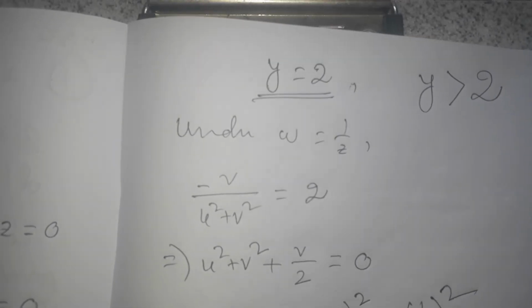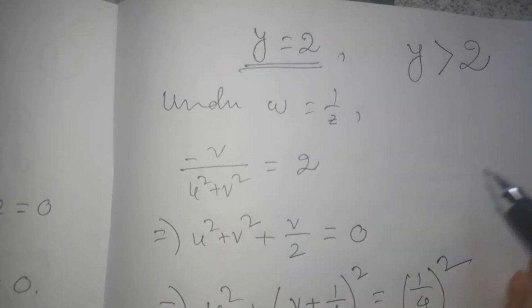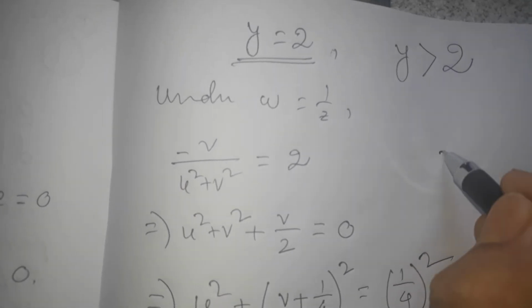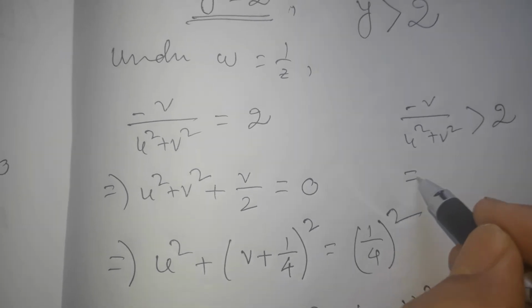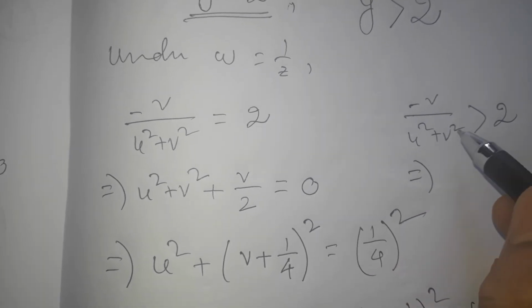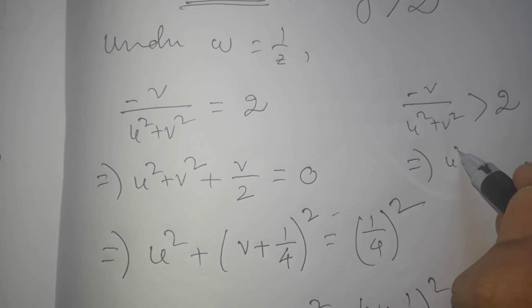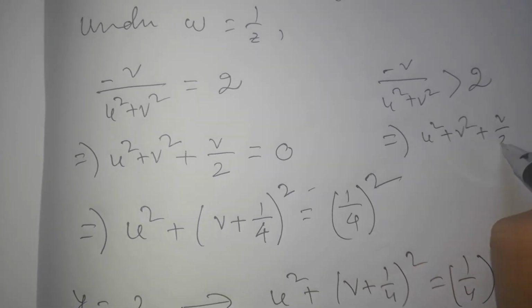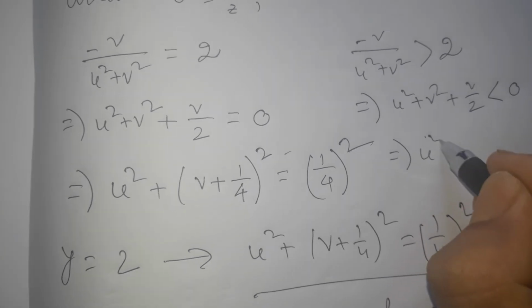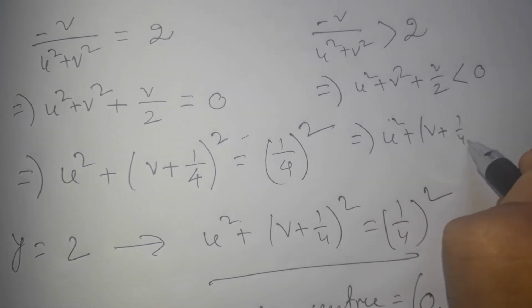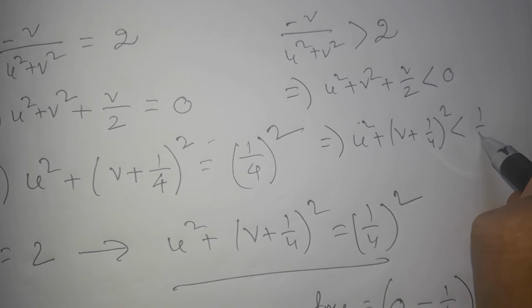From here, minus v by u square plus v square is greater than 2, and that implies u square plus v square plus v by 2 is less than 0. Then you will see that this is u square plus (v plus 1 by 4) whole squared is less than (1 by 4) whole squared.